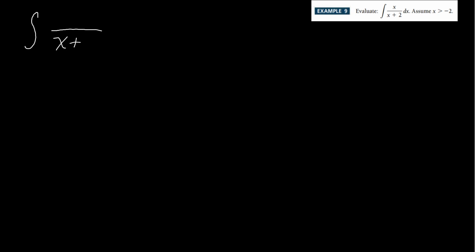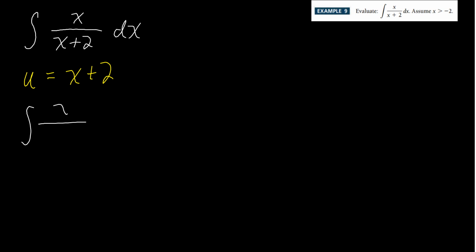X plus 2. Okay, so my u is going to be x plus 2. So if I rewrite this, I'm going to have x over u dx. Okay, so it looks like what I need to replace here is an x dx.